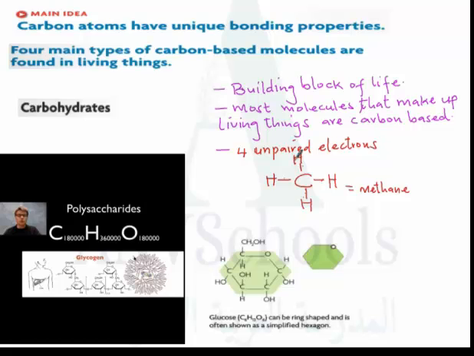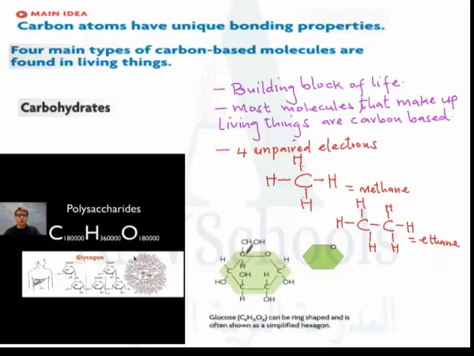We can also have carbon with hydrogen and hydrogen, like in ethane. And this progresses on so that it can form complex molecules.